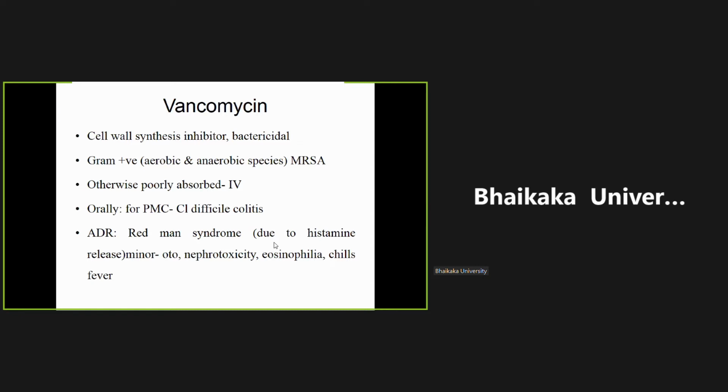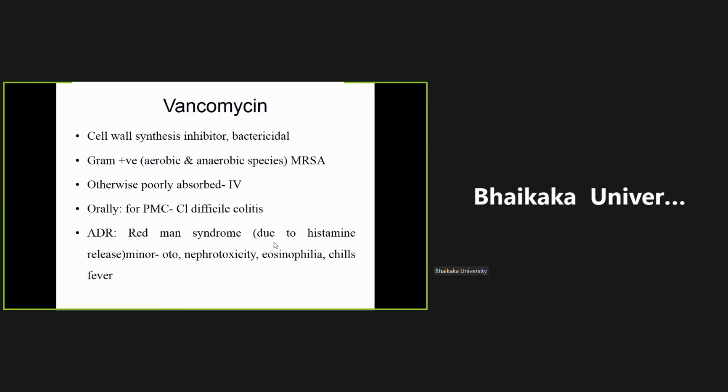And these are asked for your star marks. If a student can answer very well, I go up to this level. Why is it given slow IV? Because if it is given very rapidly, it liberates histamine.